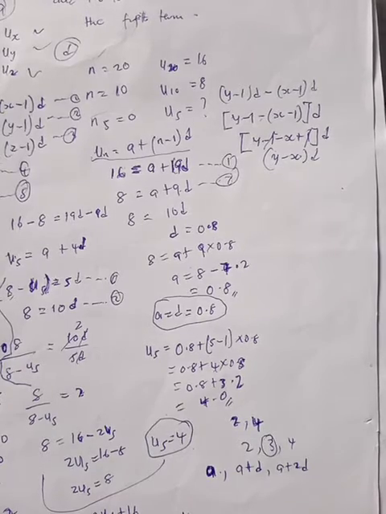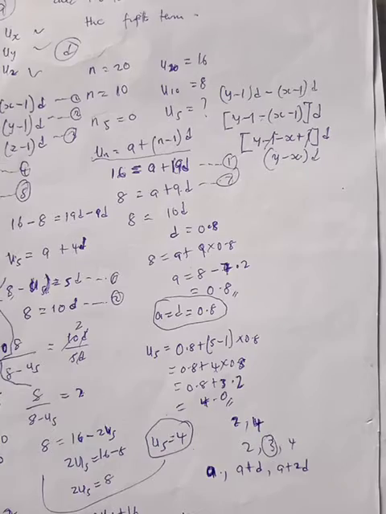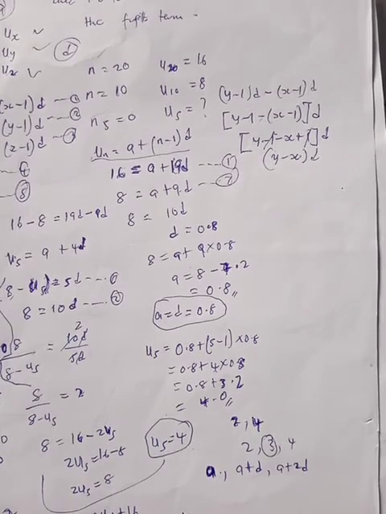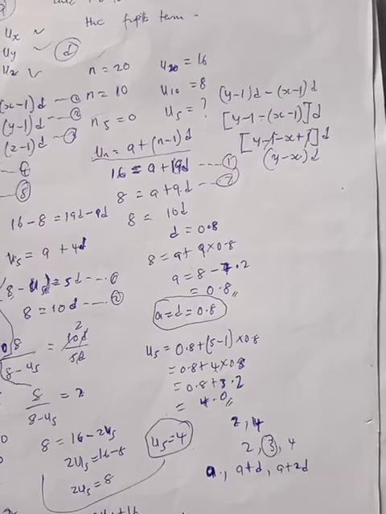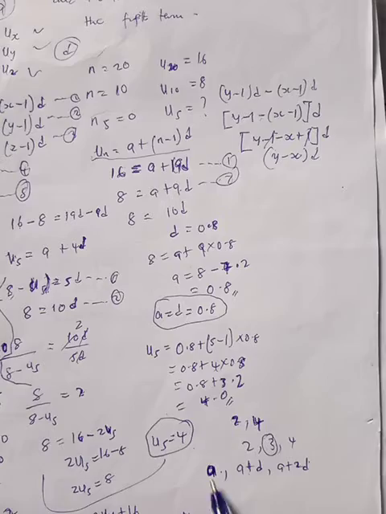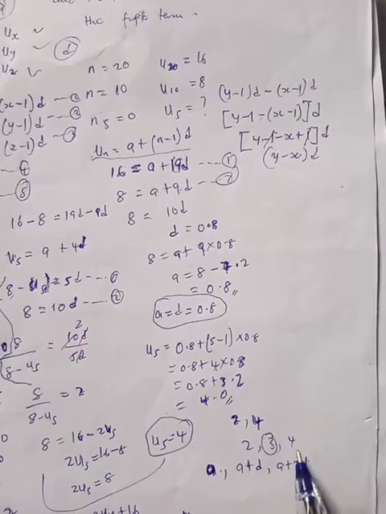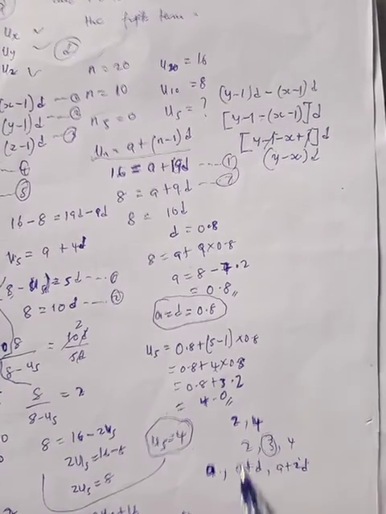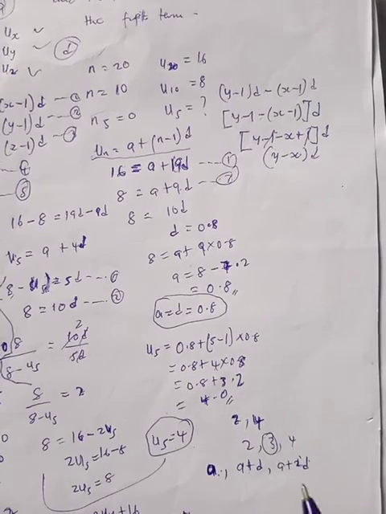Now we know that the difference between two consecutive numbers in an AP is a constant, but it should be taken in the right sense. If you take this minus this, you should take this minus this in that order.